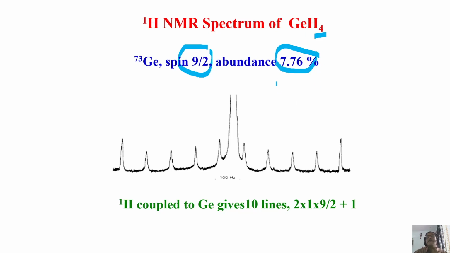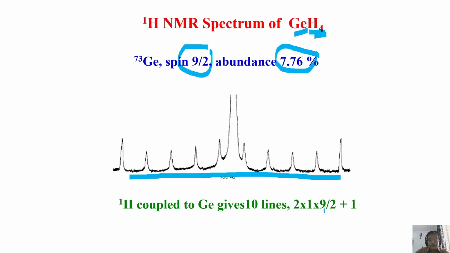Assuming I am seeing only proton, of course germanium is low abundance. What is the largest peak I should get? The most intense peak? Only the H4 peak. But if I enhance the intensity, then I see germanium coupling to proton also seen as satellites.